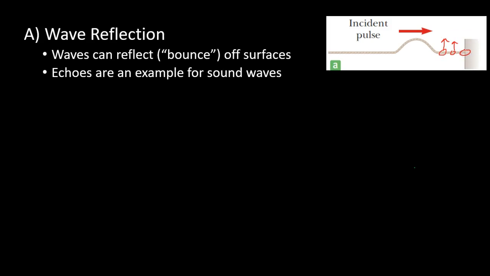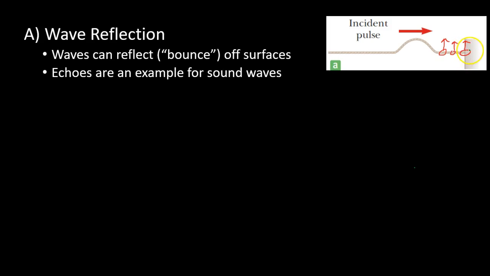And it's going to apply a force on this particle, the particle that's attached to the wall, and it's going to apply a force upwards. But because right here the particle is attached to the wall, that means the wave is applying an upward force on the wall. And we should all remember what happens when one object applies a force on another object.